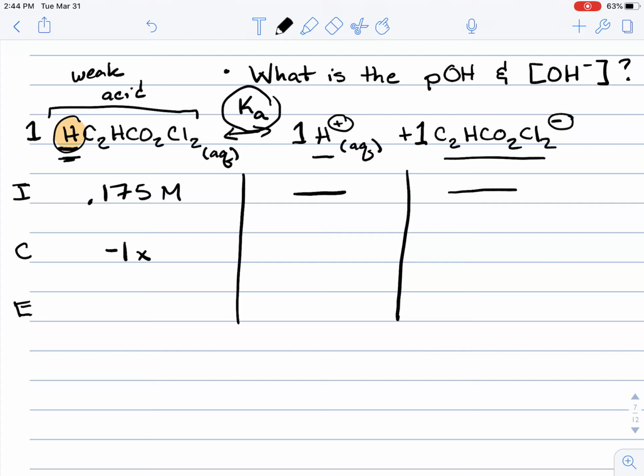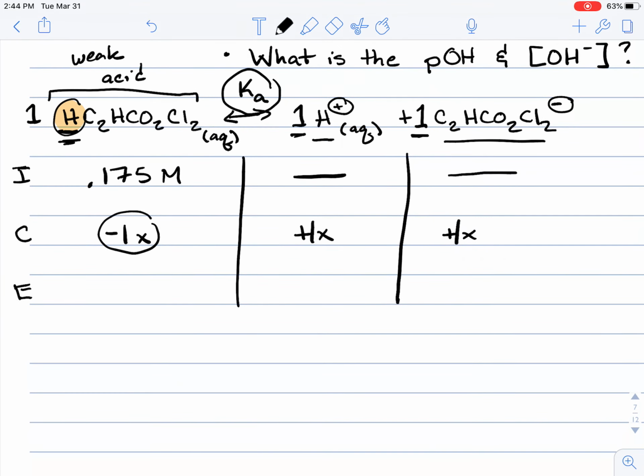However, in the change, we know that we're going to consume some amount of dichloroacetic acid, producing some amount of product. In this case, it is going to be plus 1x and plus 1x. And that 1x is coming from the coefficient.